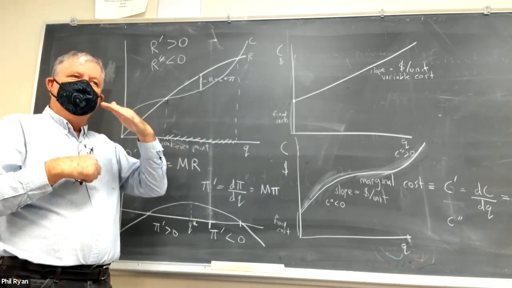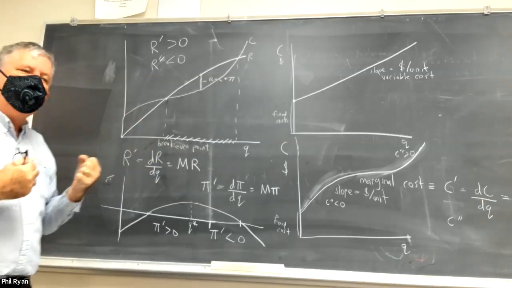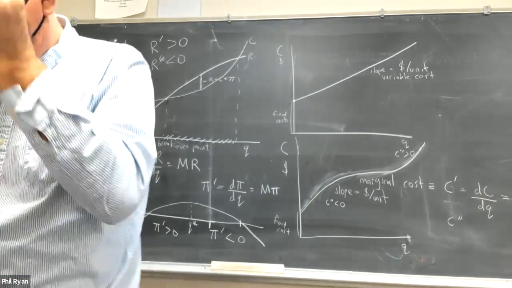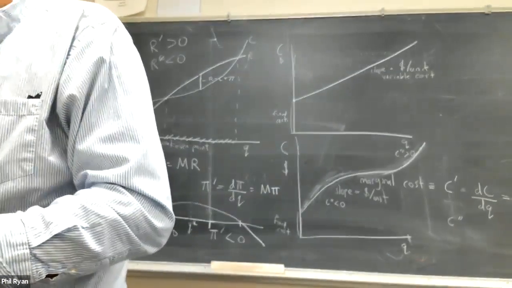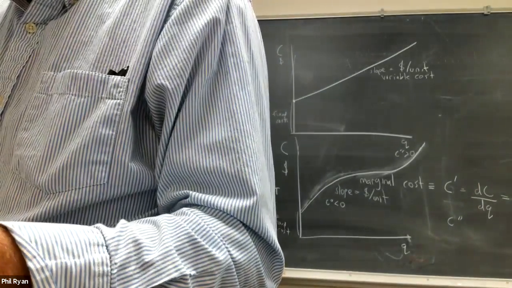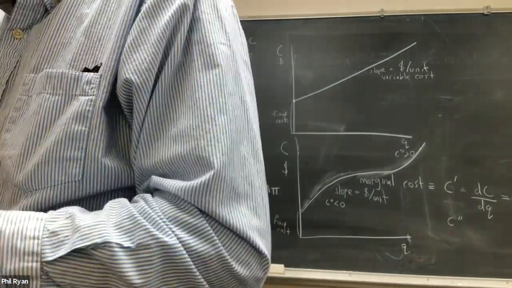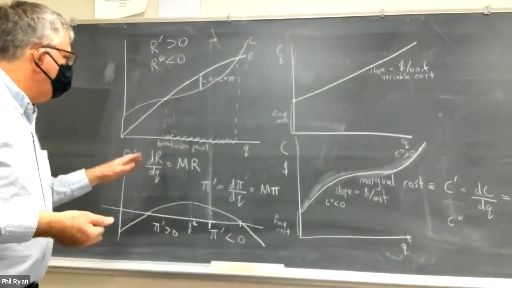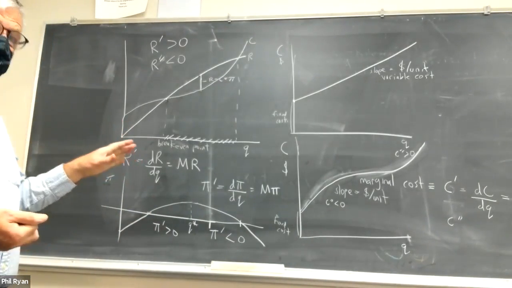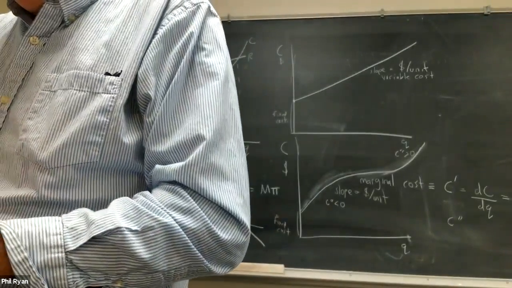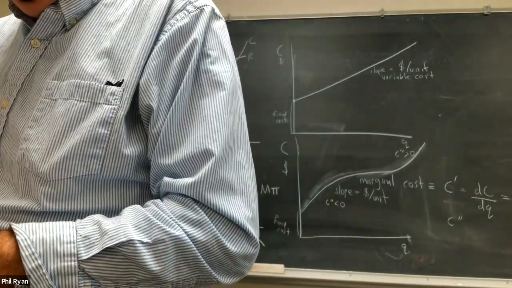You want to stay at the top of the mountain because that's where you're making the most money. So this kind of marginal analysis is always useful because it's kind of what you do in finance and economics.